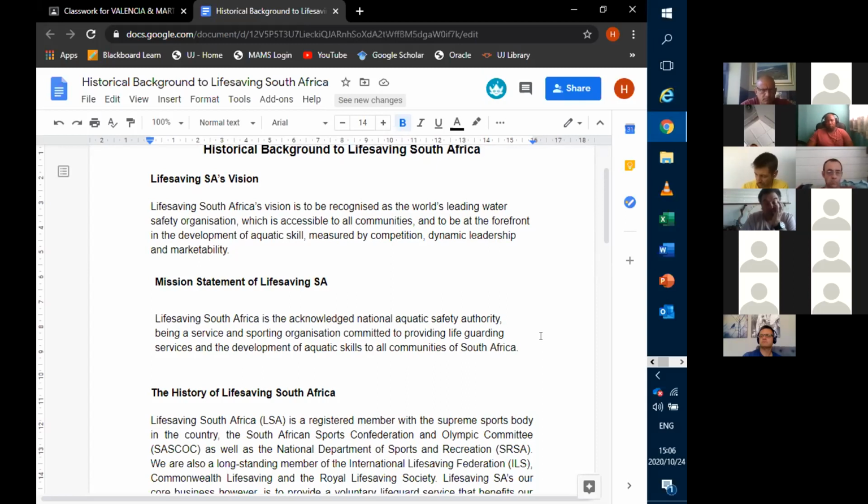Then the mission statement of Life Saving South Africa. Life Saving South Africa is the acknowledged National Aquatic Safety Authority, being a service and supporting organization committed to providing lifeguarding services and the development of aquatic skills to all communities of South Africa.